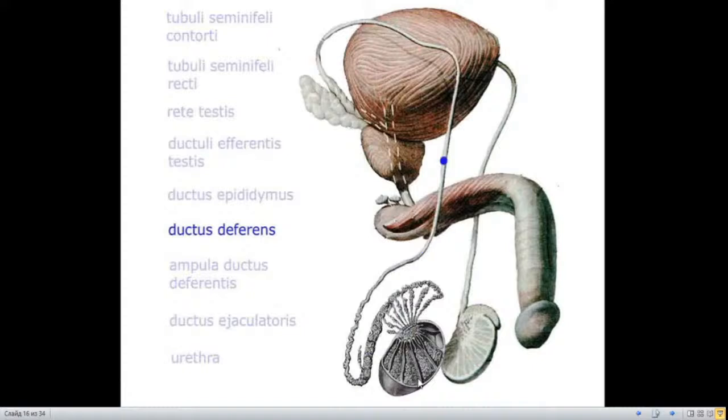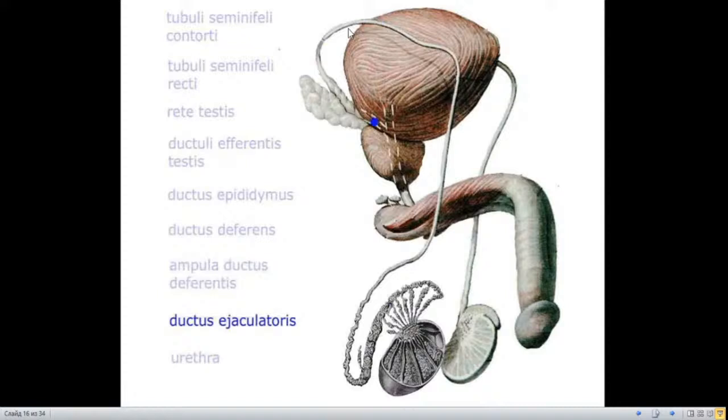So sperm appears in the convoluted seminiferous tubules of the testes, then it goes through the straight seminiferous tubules, tubuli seminiferi recti, after that the rete testis, then the efferent ductules, ductuli efferentes testis, which open into the duct of the epididymis, which continues as the ductus deferens or vas deferens with 4 parts.